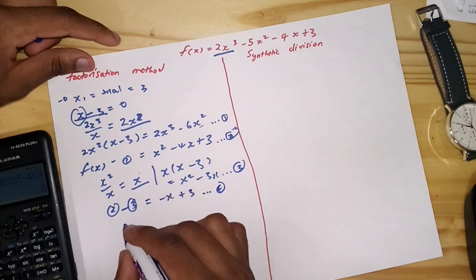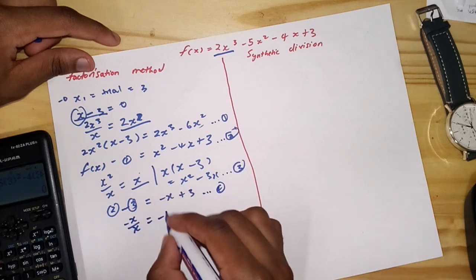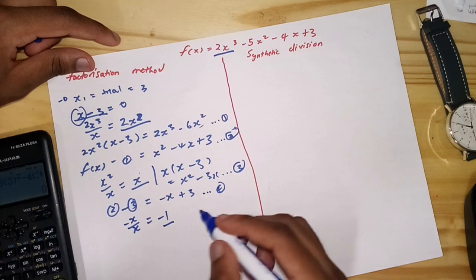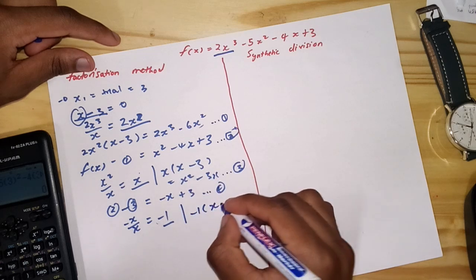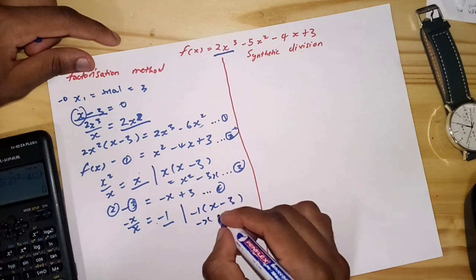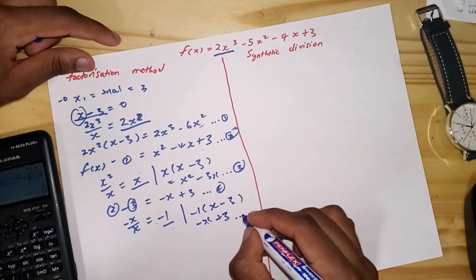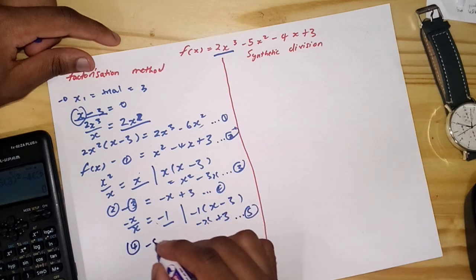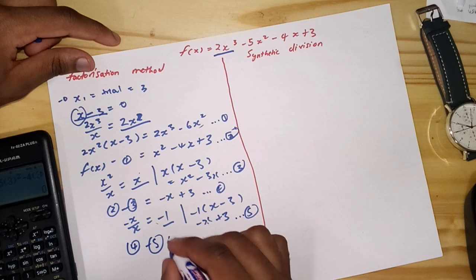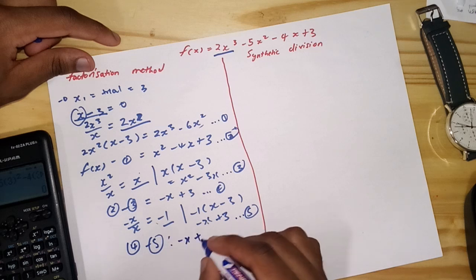Do the same thing. Minus x divided by x gives you negative 1. You underline this as well. Then you multiply this with that, and you get minus x plus 3. You can call this equation number 5, and say equation number 4 minus 5. We can write this out all together: minus x plus 3.